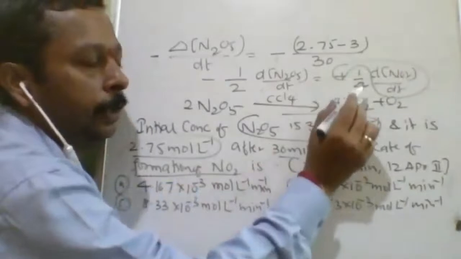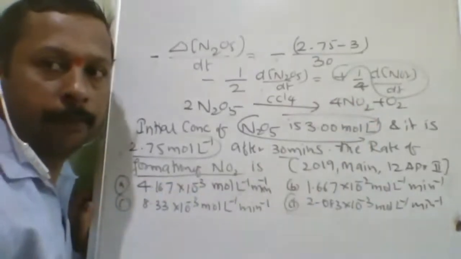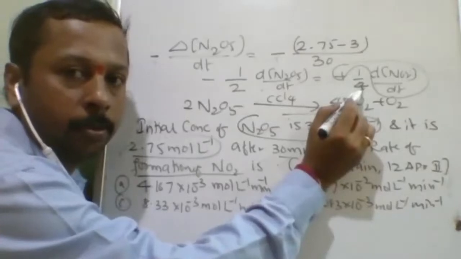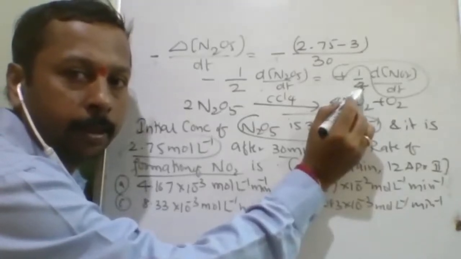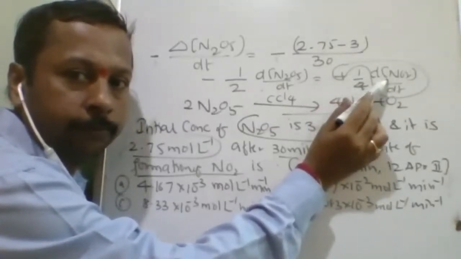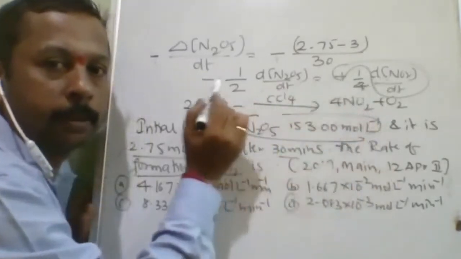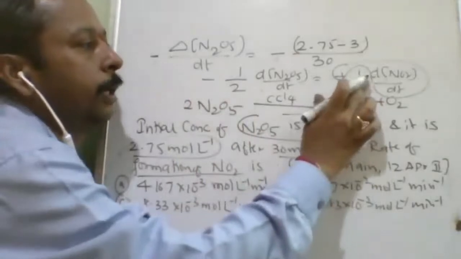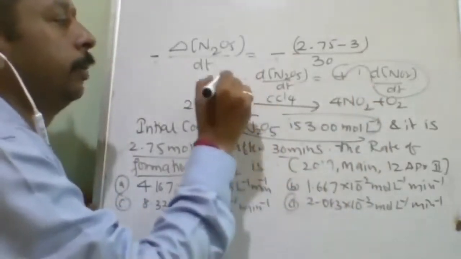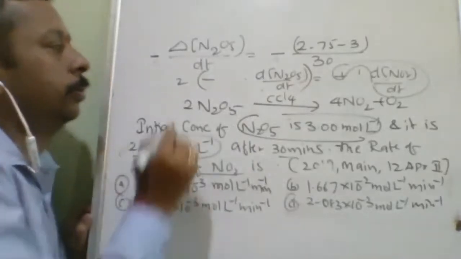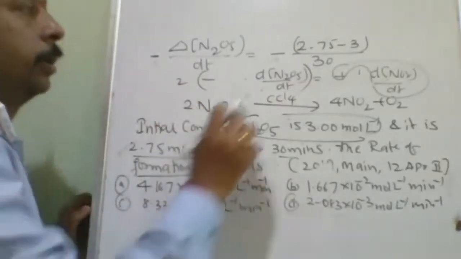If I divide by 1 by 4, I will get the total rate of reaction. But here the question is only the rate of formation of NO2. So I will cross multiply this side, and after cross multiplying, the leftover will be this one. Is it understood?